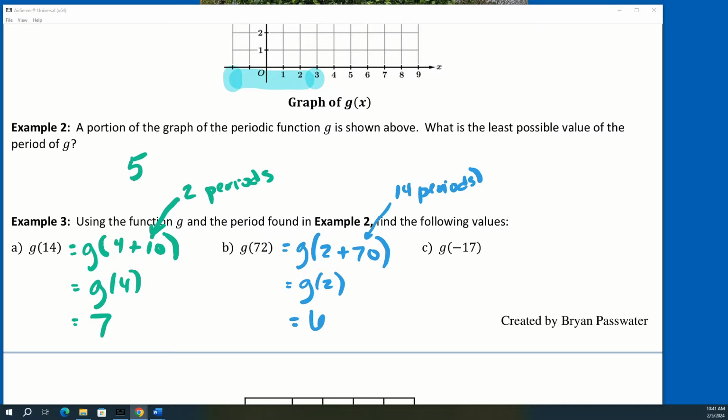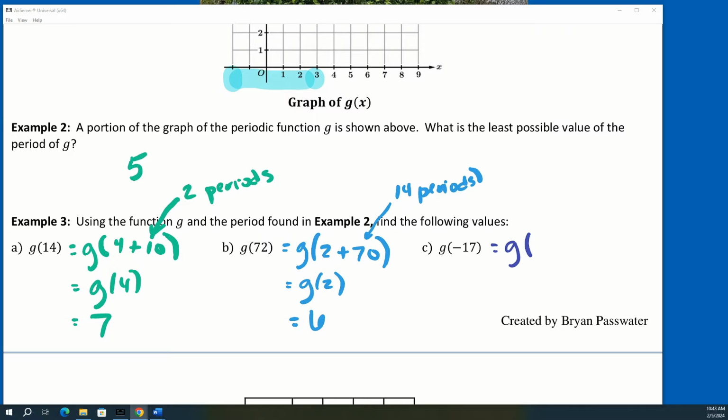Now, up until this point, we've been taking numbers and adding multiples of 5. The graph repeats in the other direction as well, so we can take numbers and subtract multiples of 5 for it to work also. So if we take a number you can see on that number line, since it's negative, we're definitely going to subtract a multiple of 5 from it to be able to get negative 17.